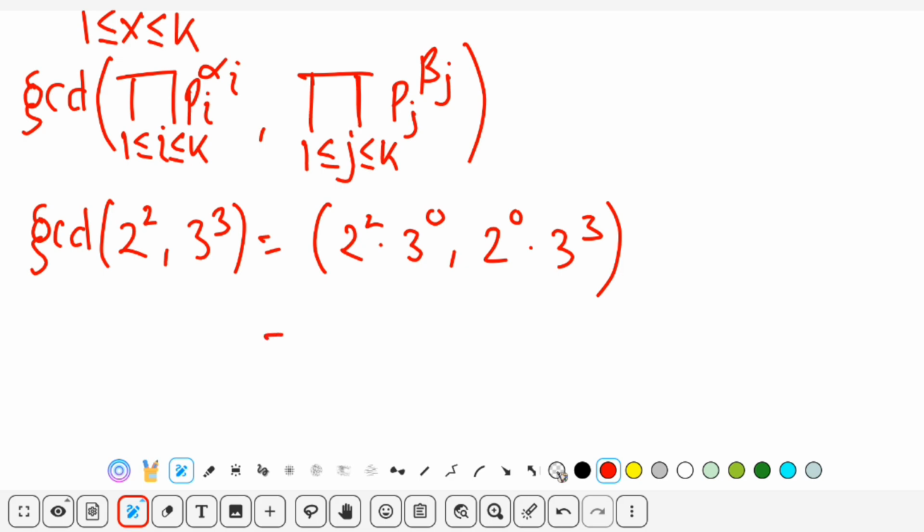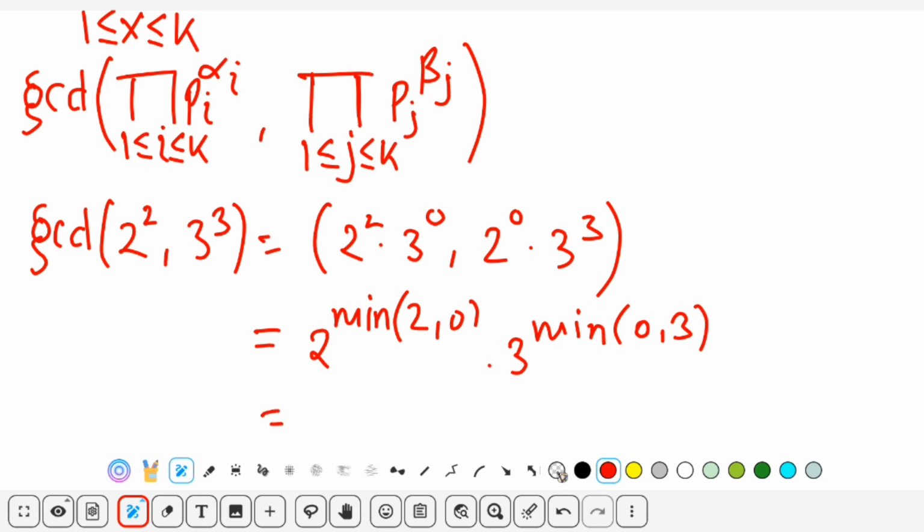In GCD we consider the minimum power of the same prime numbers: 2 to the power of the minimum of 2 and 0, times 3 to the power of the minimum of 0 and 3. This is 2 to the power 0 times 3 to the power 0, so the answer is 1. You can check that 1 divides both numbers completely, and these two positive integers are co-prime to each other, so the GCD is 1.